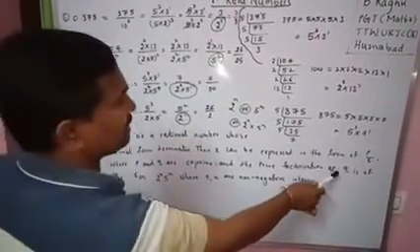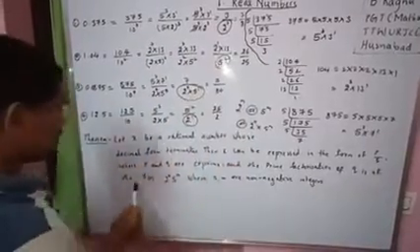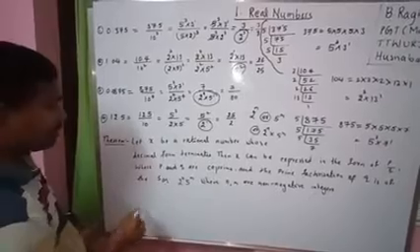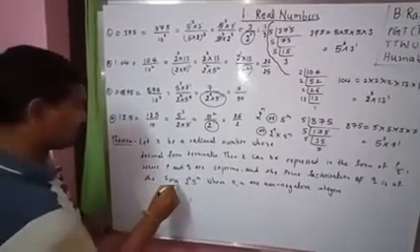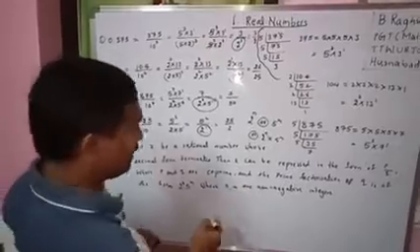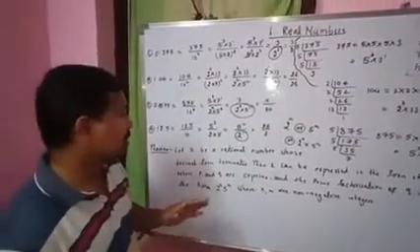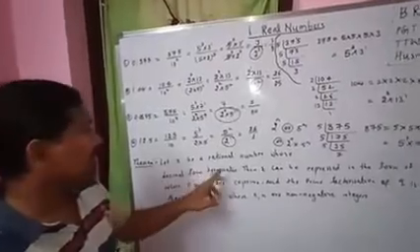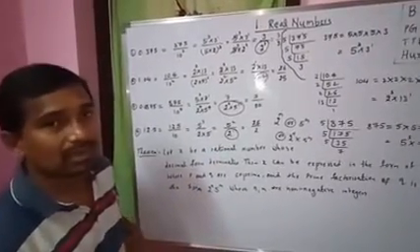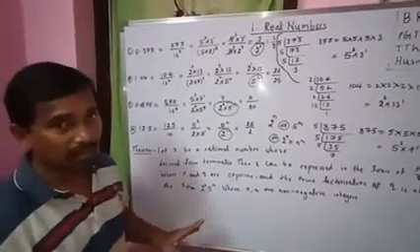And the prime factorization of q is of the form 2 power n into 5 power m, where n, m are non-negative integers. This is the theorem. That means if a rational number's decimal form terminates, the denominator is in the form of 2 power n into 5 power m.